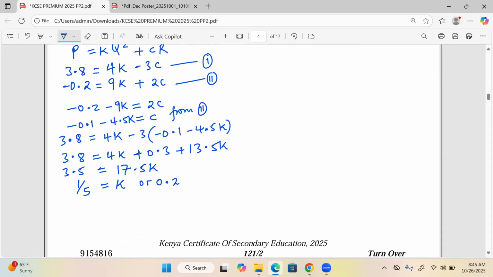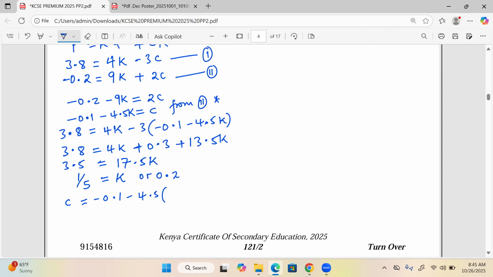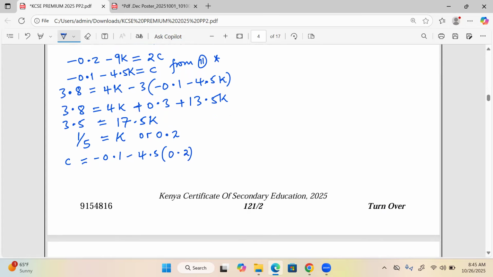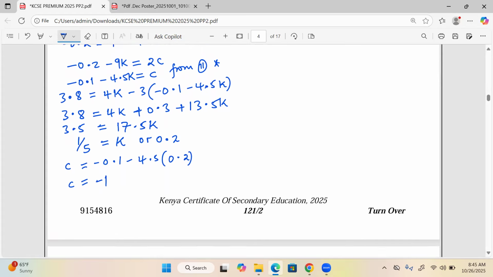C shall be given by -0.1 minus 4.5 into 0.2. Now this gives us exactly -1.